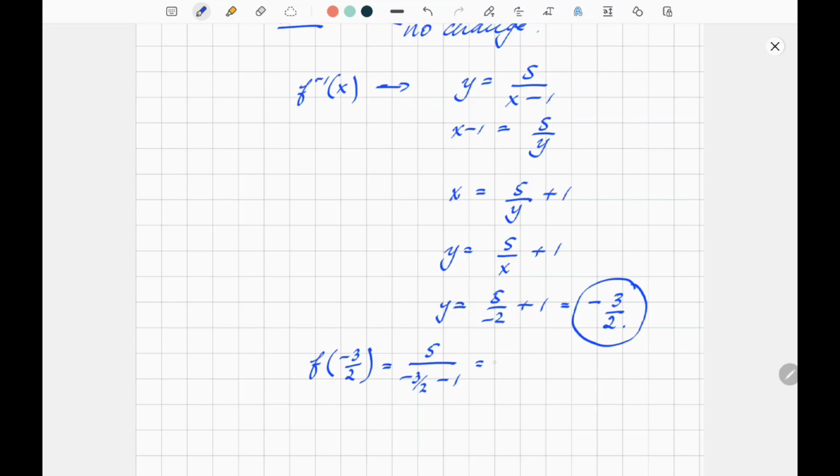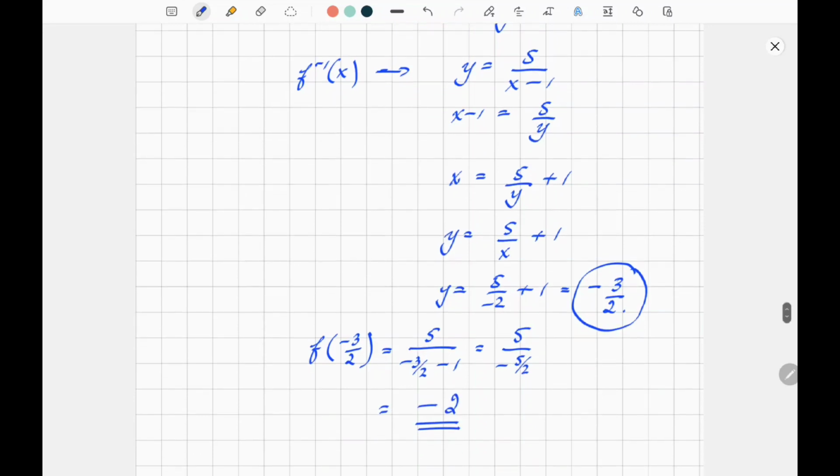And look what happens. 5 over the whole of minus 1.5 minus 1, which is 5 over minus 2.5. And the answer is minus 2.